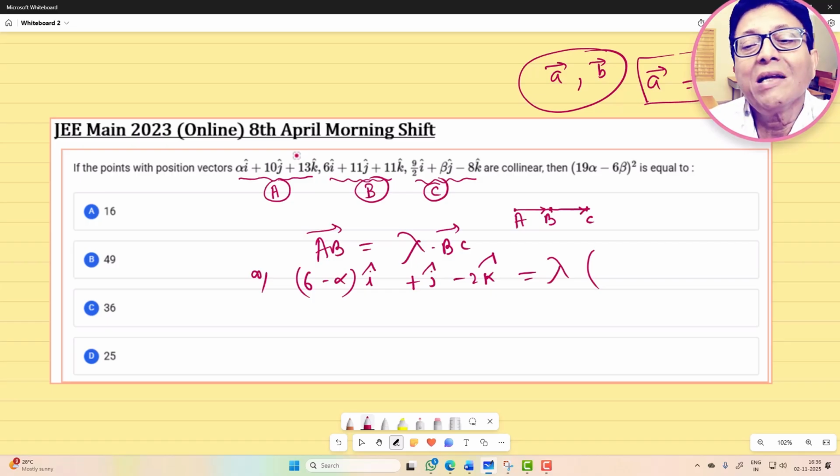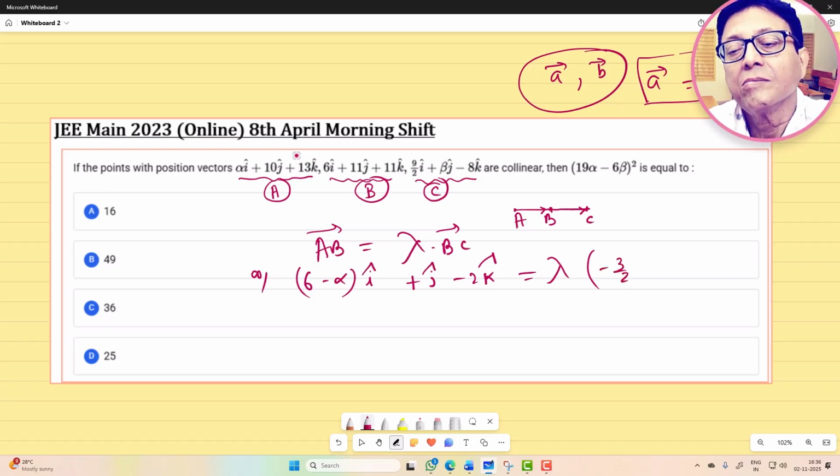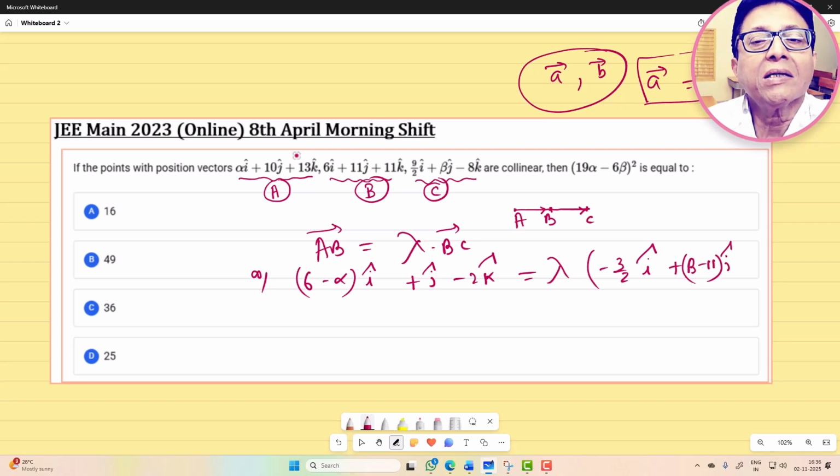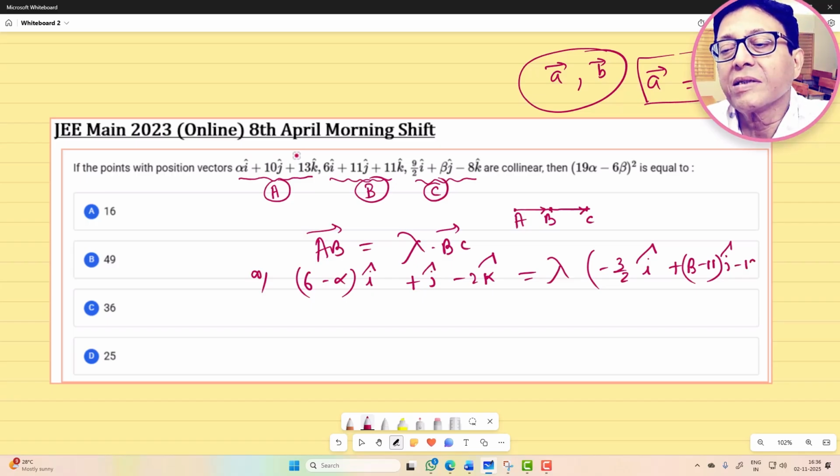BC vector is (9/2 - 6) i, that is -3/2 i, plus (beta - 11) j and -19k. Okay.